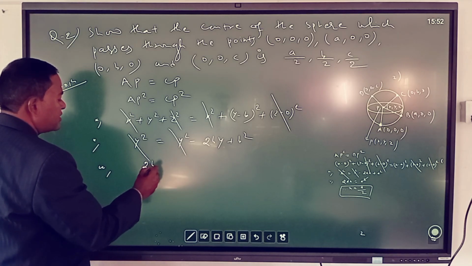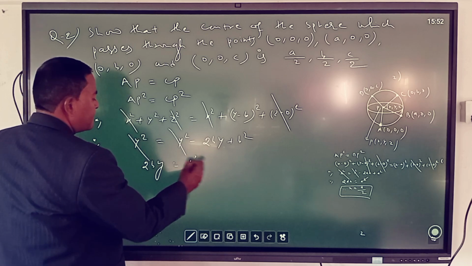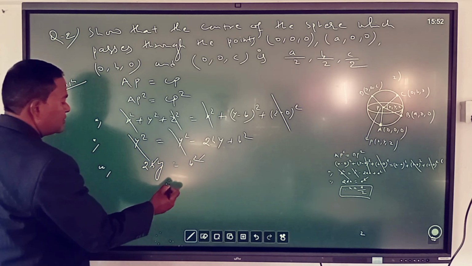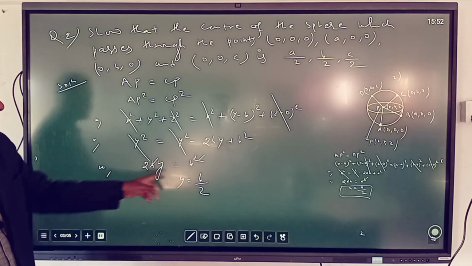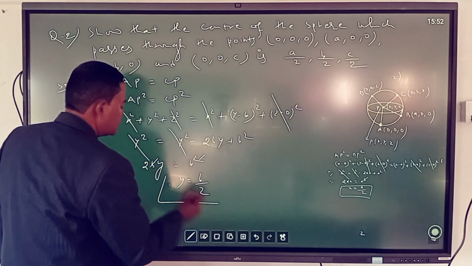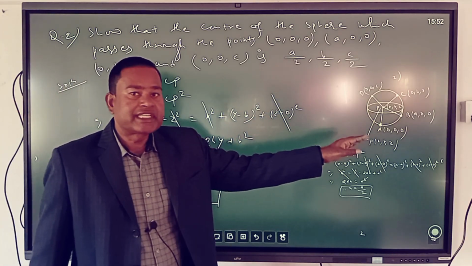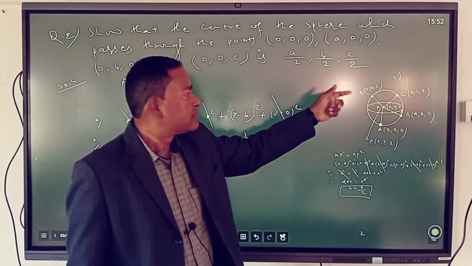Minus 2by moving to the left hand side, it will be plus 2by, and b square remains. Therefore y is equal to b divided by 2. So dear student, this is the y coordinate of the center of the sphere, which is same as our question.